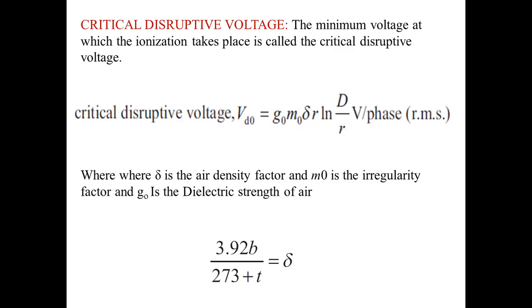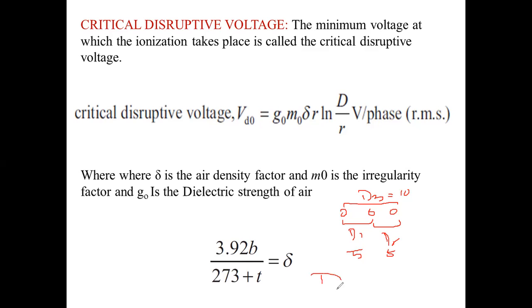For example, if we have one conductor, two, and three, the distance between the first two will be d1, the distance between the next two will be d2, and the distance between the outer two will be d3. If this is 5, this is also 5, this will be equal to 10. So 5, 5, and 10.